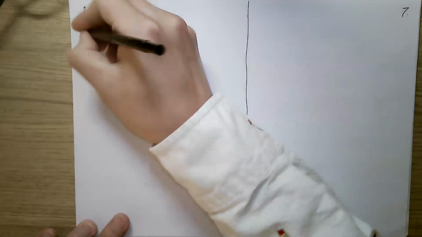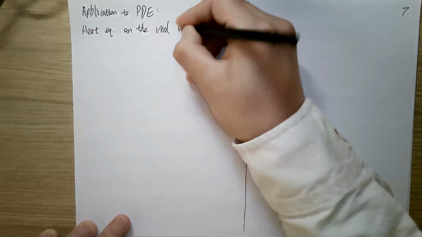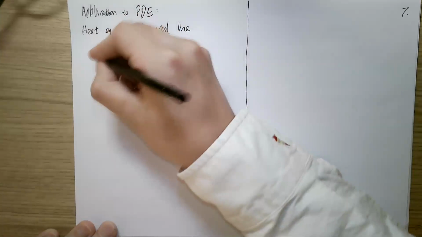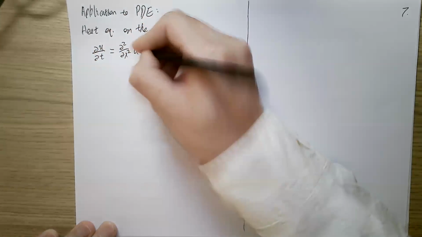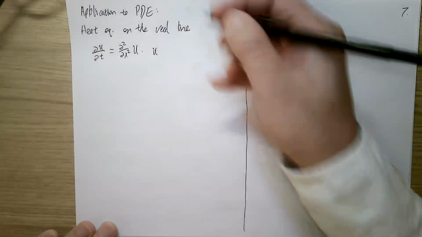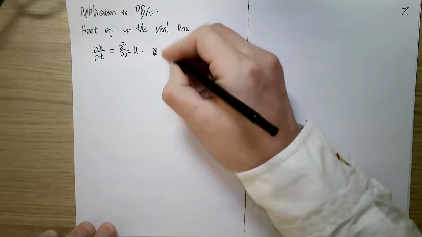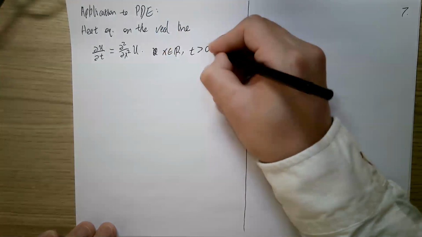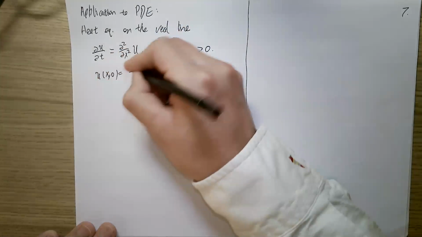Okay, so first, let's see this problem, which is a heat equation on the real line. Now you have a heat equation, and it is defined on the real line, x is in R, t is greater than 0, and you have u(x,0) equals f(x).